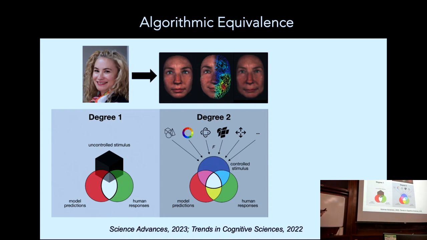And if we model the stimulus well, we can also make it move different aspects of it, facial movements. We can also age it at will, and then start to measure whether we have, of course, human and model responses which are similar because they are due to the same feature causes. So now we are looking at a triple intersection in white where the features are shared between these behaviors. Okay?